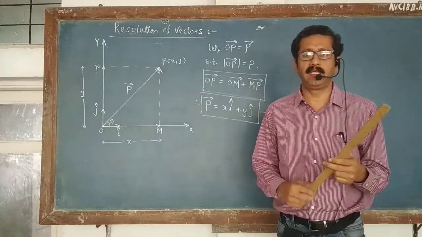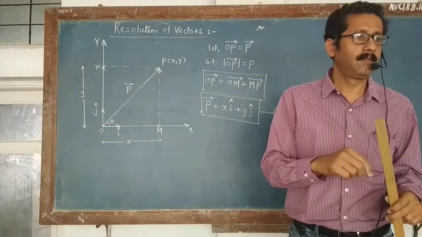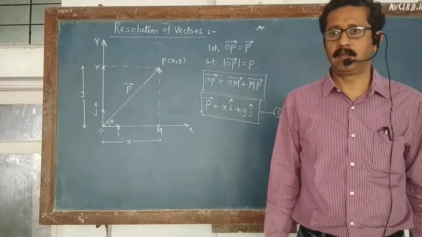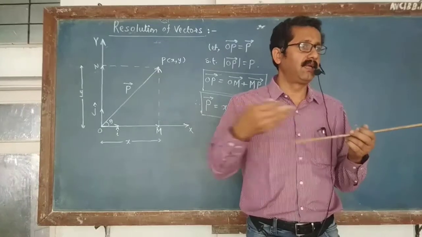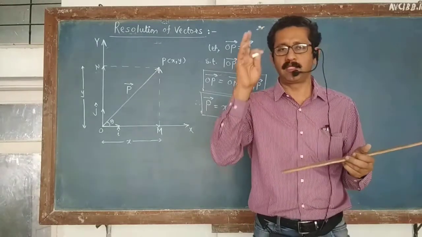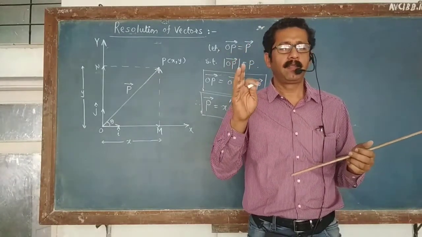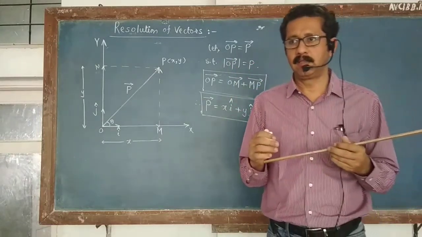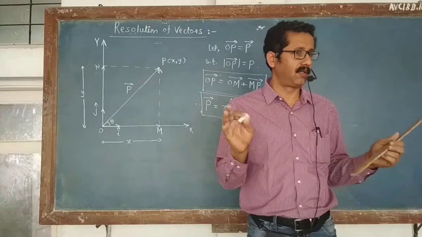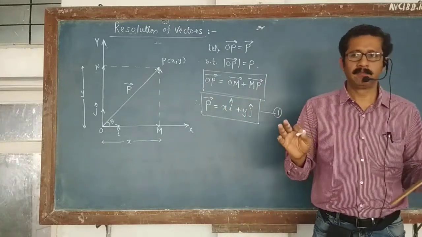Actual resolution means I know the magnitude of the vector and I know the angle made either with respect to the horizontal or with respect to the vertical. Horizontal and vertical are basically my reference lines. You can have any kind of reference lines in the case of vectors.